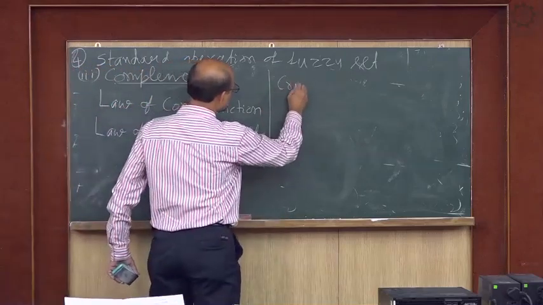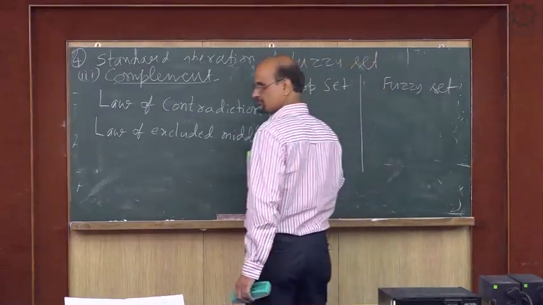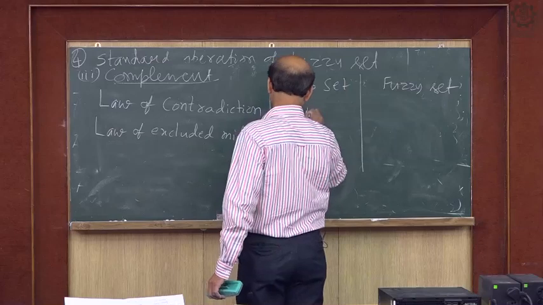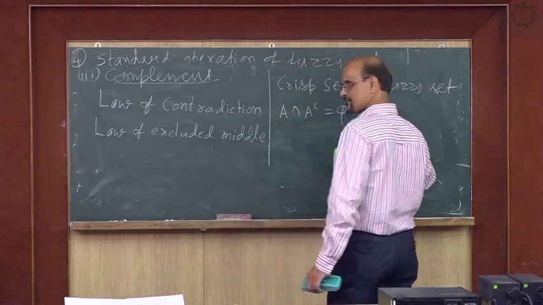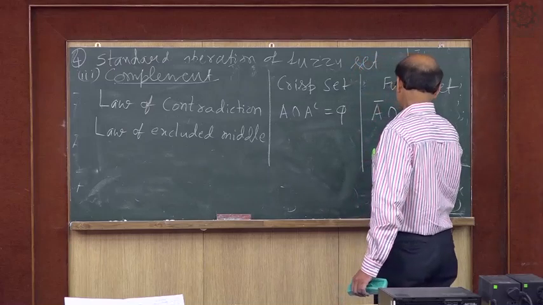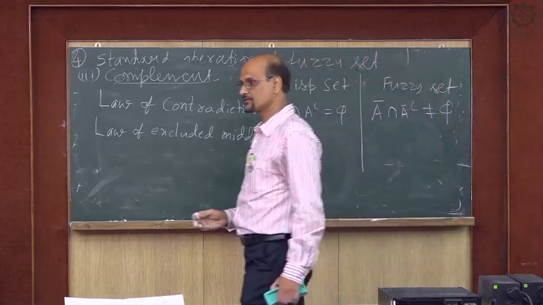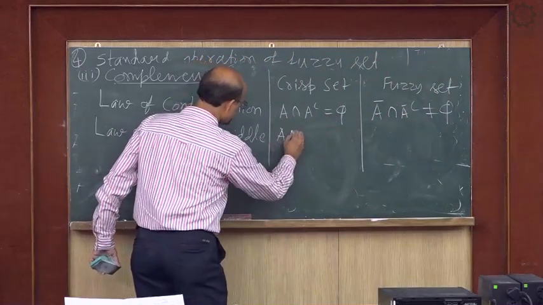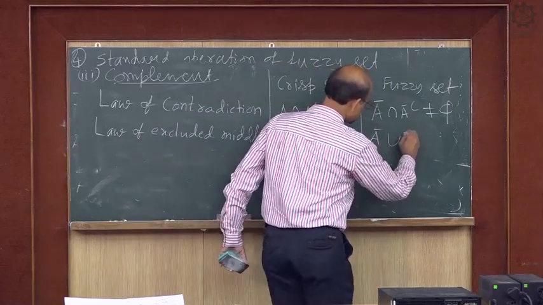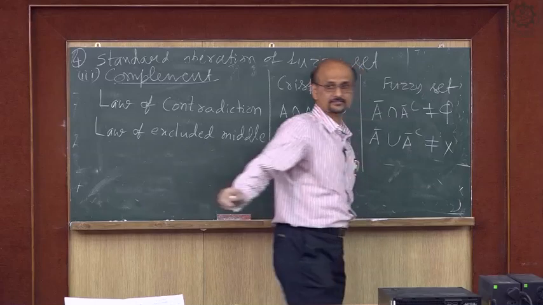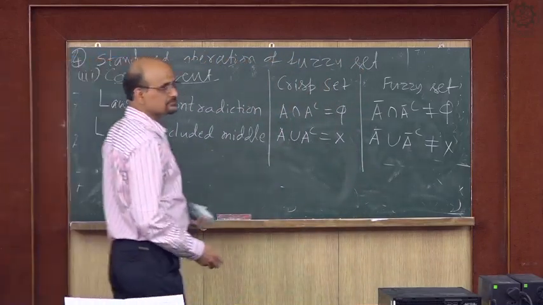For a crisp set, A intersection A complement is phi, but for a fuzzy set, A bar intersection A bar complement may not be phi. A union A complement is X, but A bar union A bar complement may not be X. These two are important results.